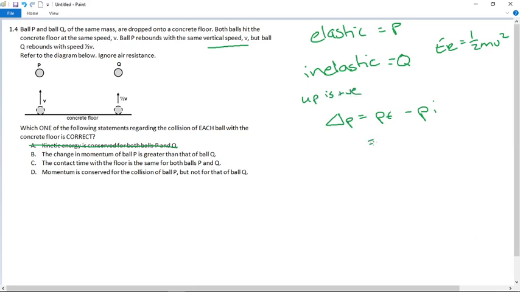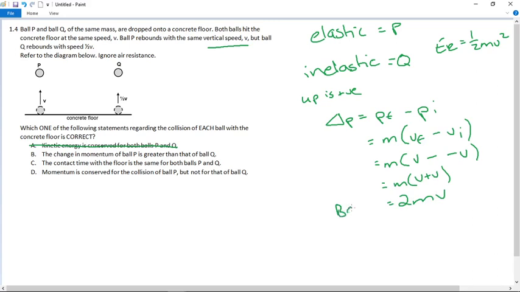So when this ball rebounds, the mass is not changing, so we can say m times vf minus vi, and we said up is positive. So for ball P, it rebounded upwards with v, and then we subtract the initial velocity, but the initial velocity was downwards, so it's v minus negative v. So v minus negative v becomes v plus v. So this one is going to be 2mv.